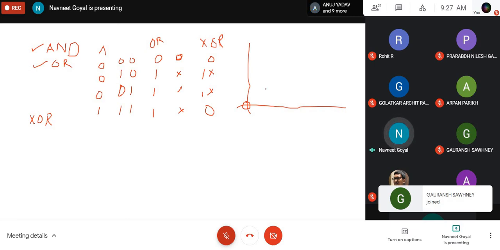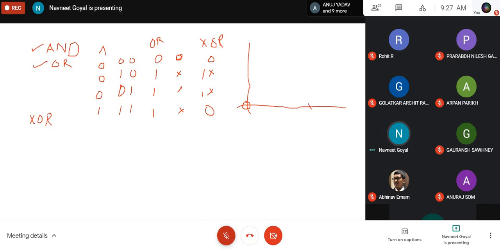So if it is 0, 1, here I have a cross on the axis, and 1, 1 would be here, which would be a circle. So this is my XOR gate. Is it linearly separable? No, it is not.